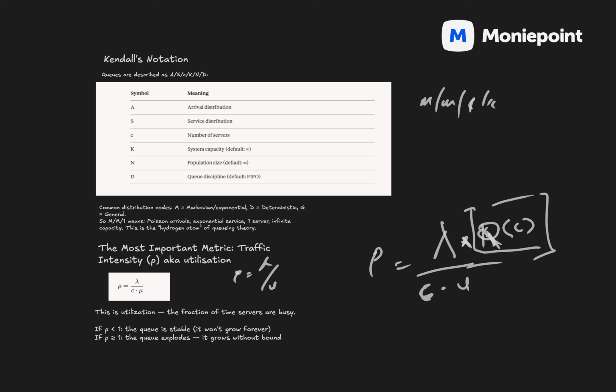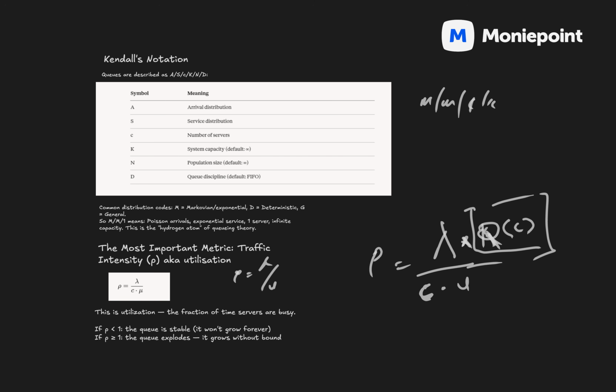In queue discipline, the word queue implicitly carries FIFO as the discipline. The common distributions are Markovian (exponential) and deterministic, so M/M/1 is quite common.